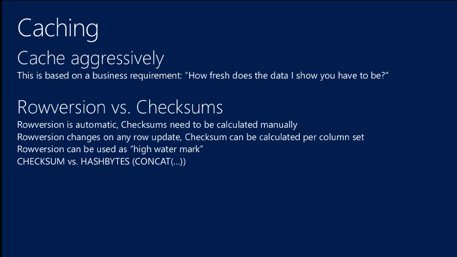The disadvantage for HASHBYTES compared to checksum is that for HASHBYTES, you need to do the concatenation of the string that you want to build the hash over by yourself. So you would have to use CONCAT, things like this, to generate the string, whereas for the checksum, you can just hand in the column names, and it does that automatically for you.